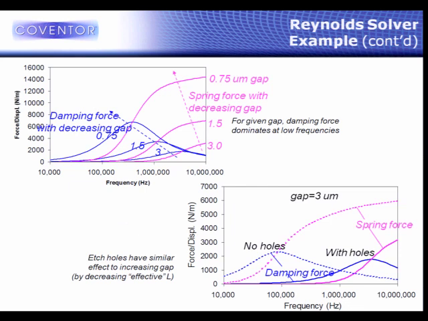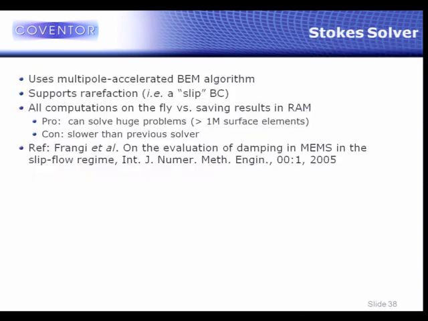At low frequency, the damping force, which is, of course, in phase with velocity, dominates. And then at higher frequencies, the spring force, which is in phase with the displacement, dominates. So you get this frequency-dependent behavior out of the Reynolds solver.